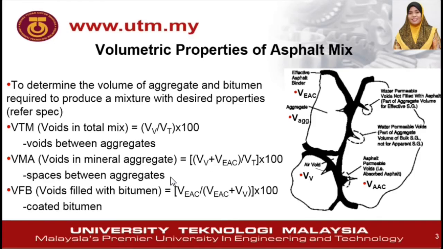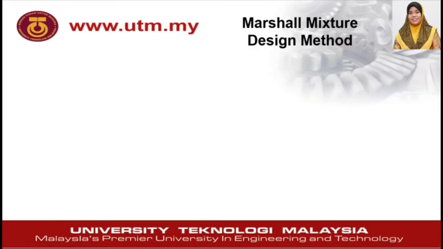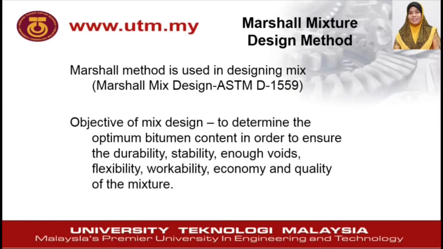And then VFB is the formula VEAC divided by the total of VEAC plus volume of voids, which refers to the coated bitumen. So next, after we are clear on the volumetric properties, then we can do the Marshall Mix design.